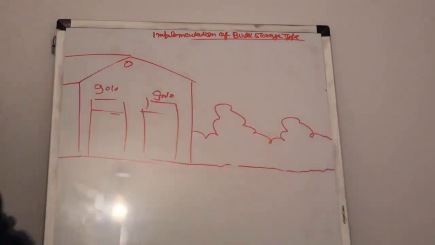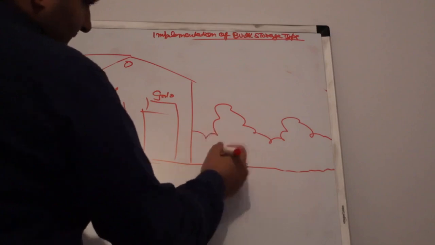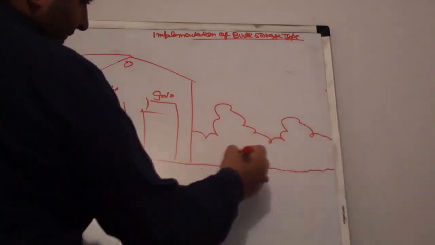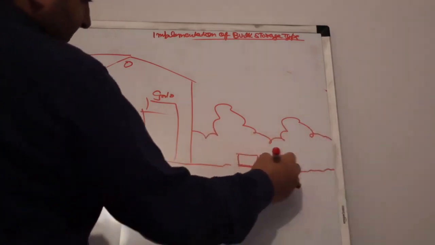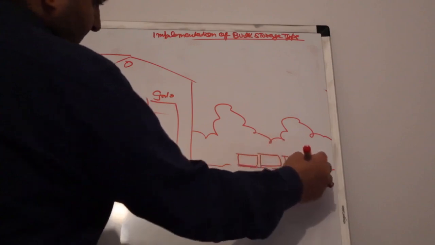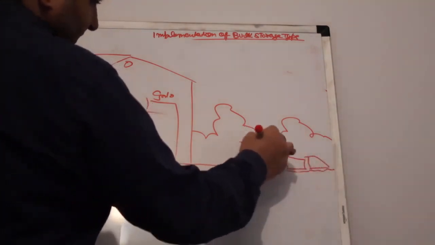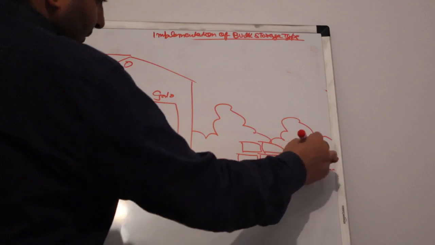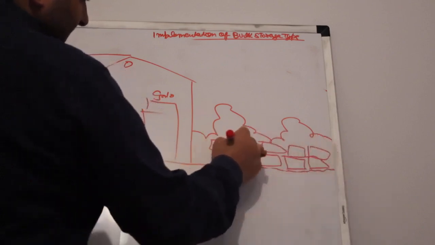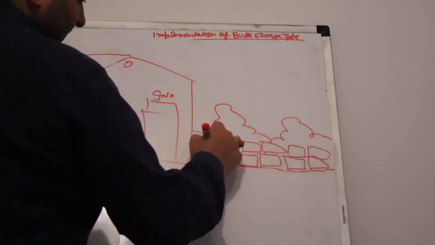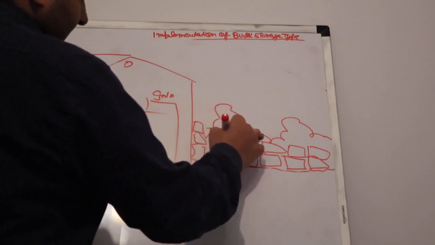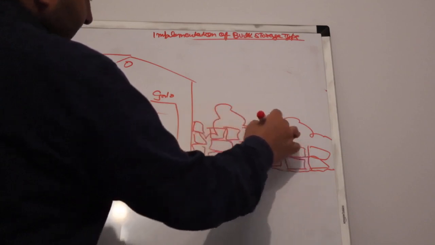I'm just drawing trees. Here you want to put some kind of bags in the open area. Not cement bags, because cement bags we should not put outside, but some kind of bags we put here outside our warehouse.